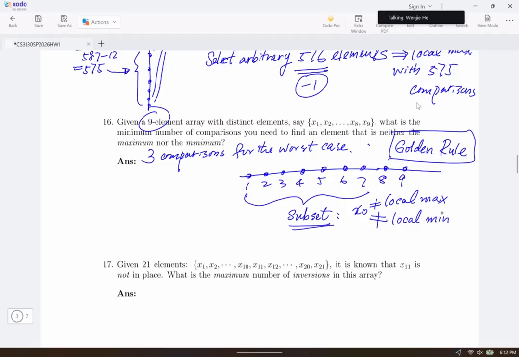So for this x0, we can find a solution. The solution, x0, is not a local max, not a local minimum.